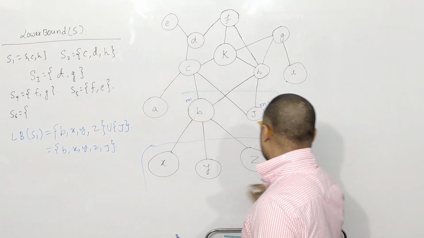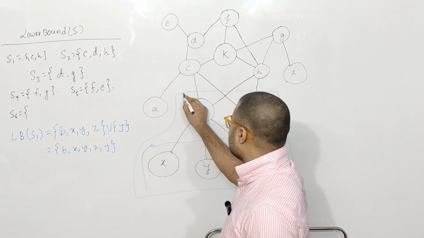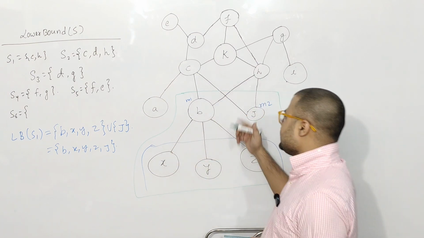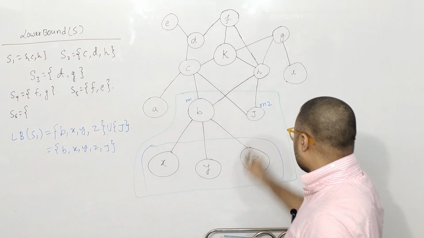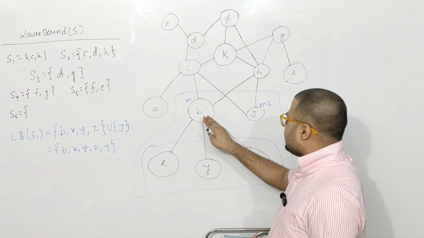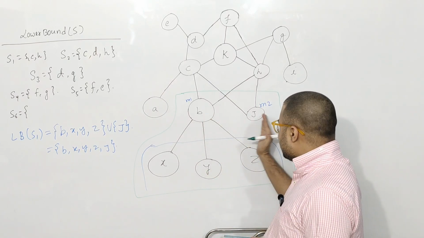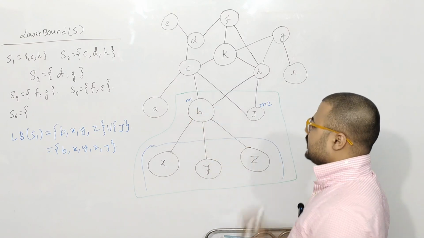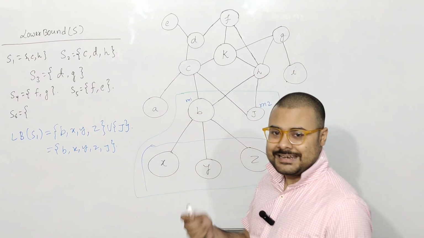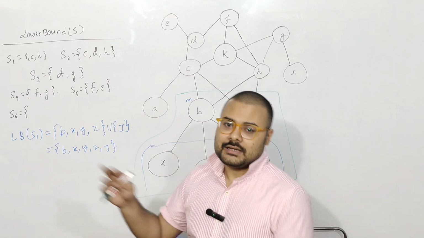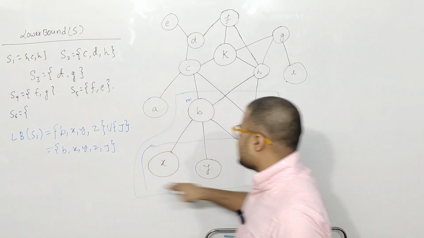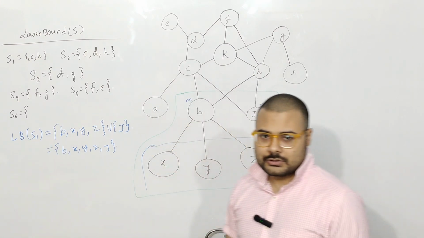Within this lower bound of S1, there is no greatest element because J and B both are points of meet, and J is not related to B and B is not related to J. So there does not exist an element to which every other element is related within this set of elements which is the lower bound of S1.